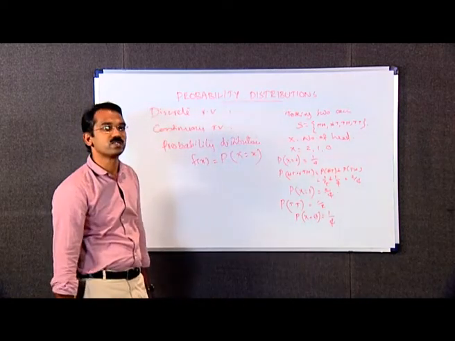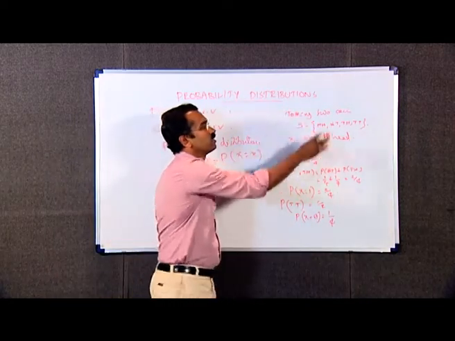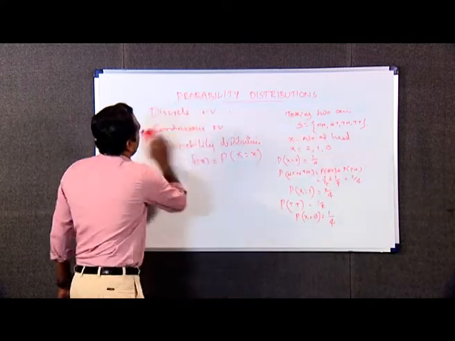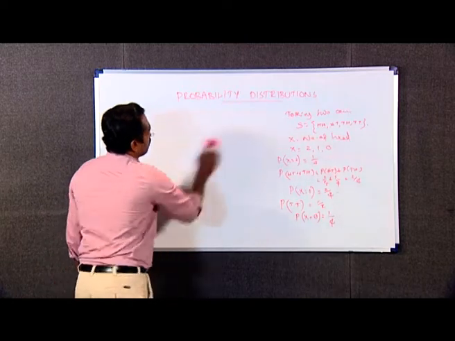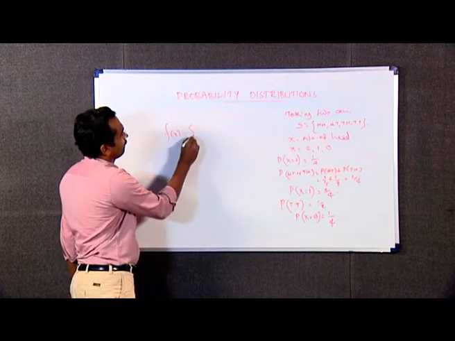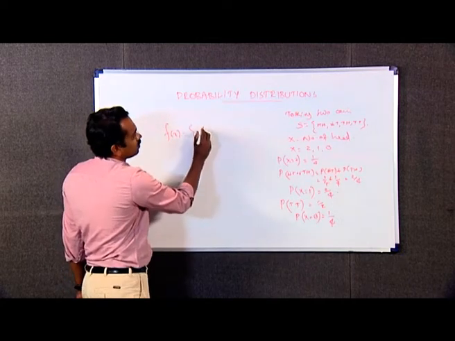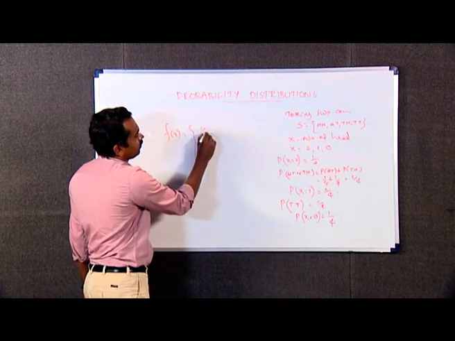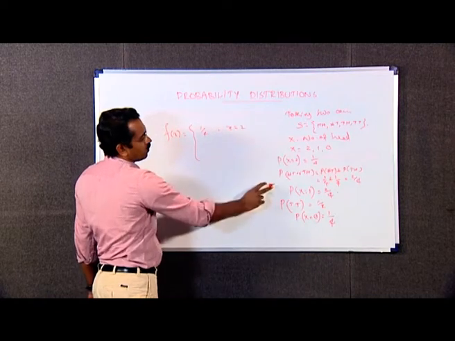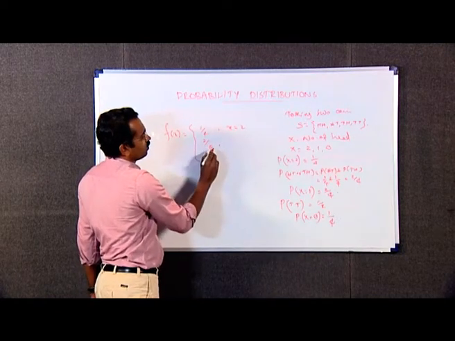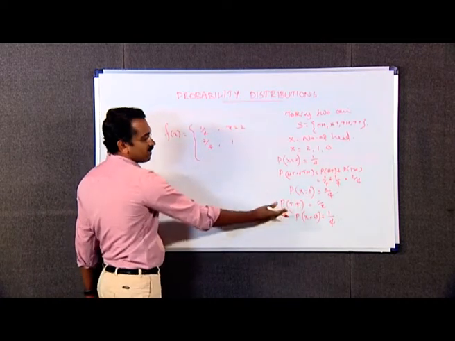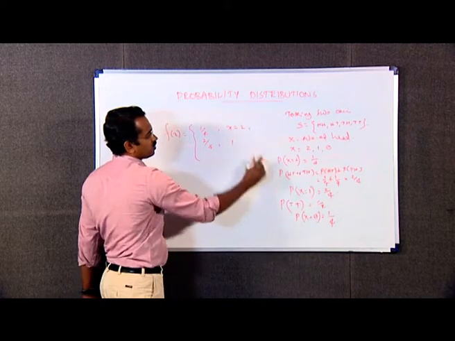Thus, the probability distribution corresponding to this experiment can be expressed as f of x equal to 1 by 4 for x equal to 2, 2 by 4 for x equal to 1, and again 1 by 4 for x equal to 0.